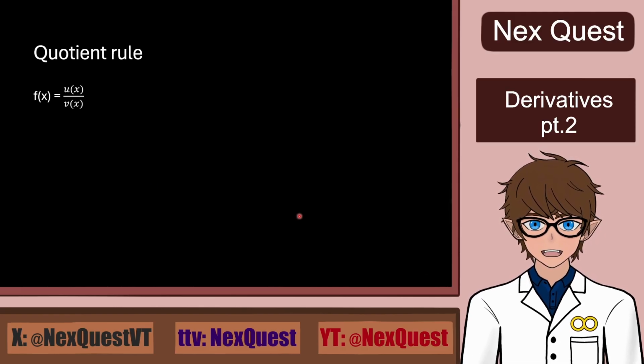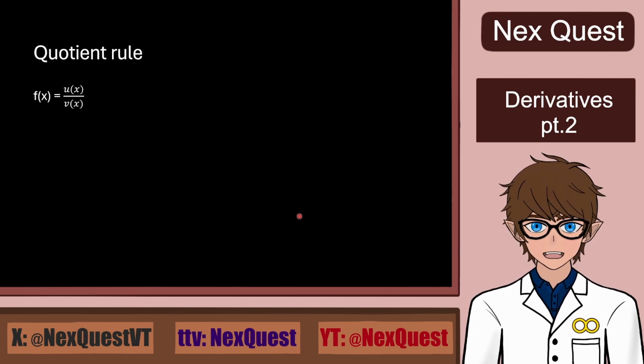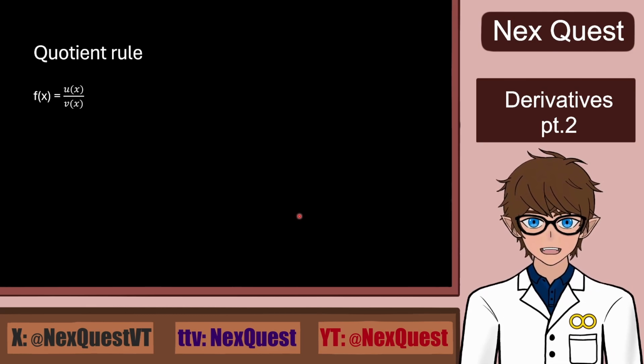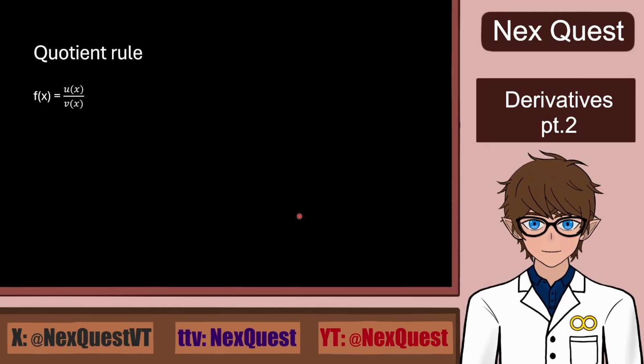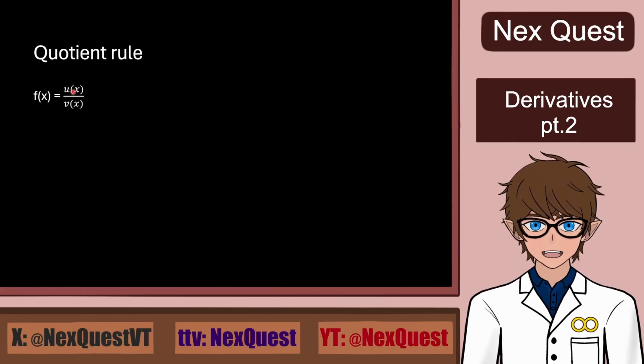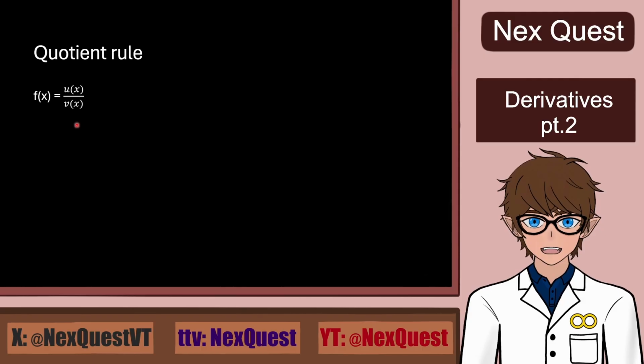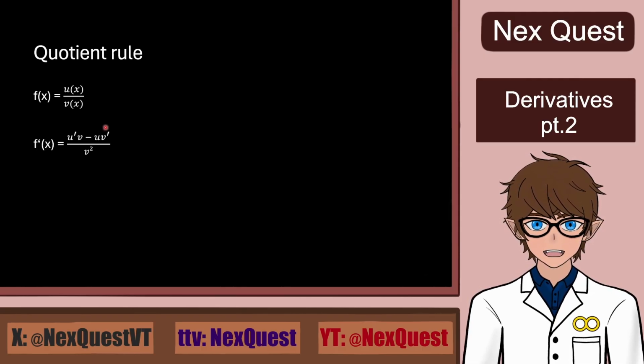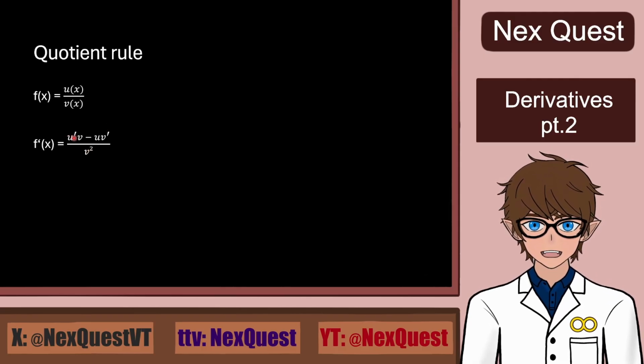Now, the next property is the quotient rule, and as the name suggests, it's a rule for quotients or division, and is as follows. For a function that can be written as u of x divided by v of x, its derivative is obtained by following this formula. That's similar to before, but now with a difference.